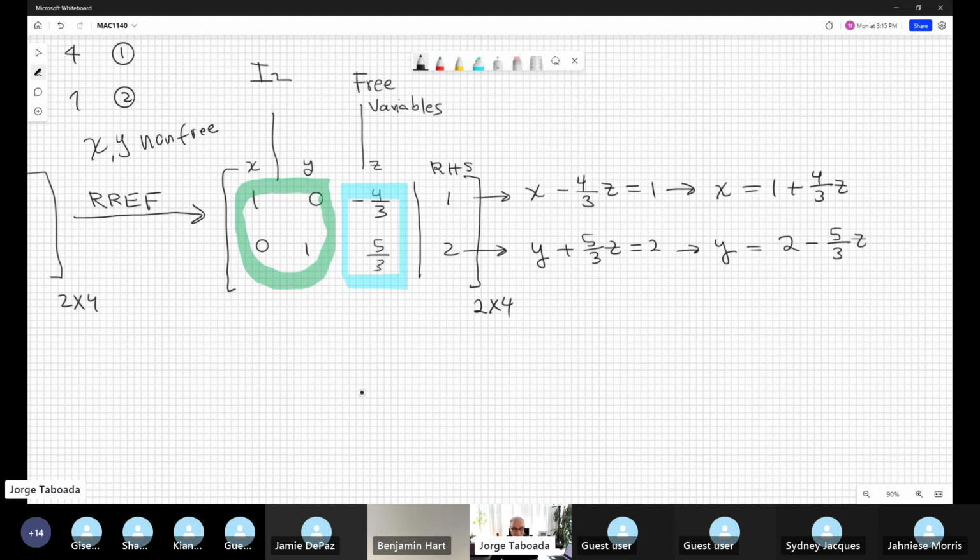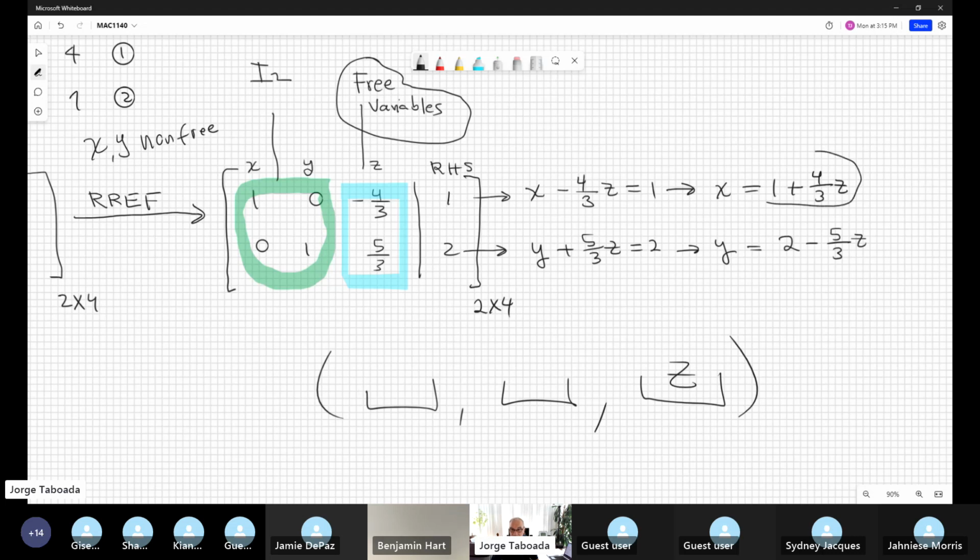So how do you write the final answer? I know there are infinitely many solutions. I know we have one free variable, which is z, according to this format. When you write the infinitely many solutions, you select the free variable z, and for x you put the expression 1 plus 4 over 3z, and for y you put 2 minus 5 over 3z.